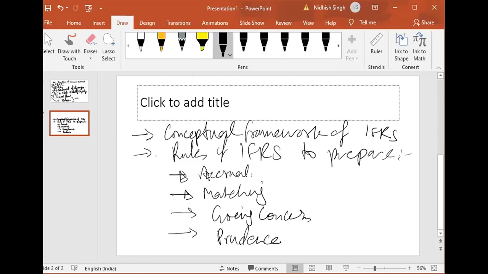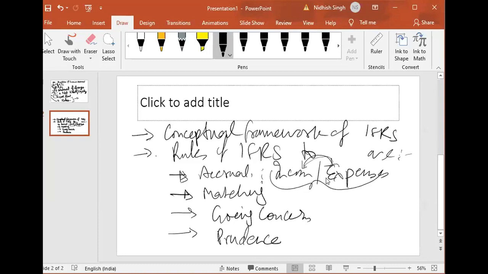So basically, accrual says that the income and expenses should be matched in the period they occur, so that there is no delinking between the two. Like if expense is recorded for a period, we need to consider the income of the respective period, and vice versa.